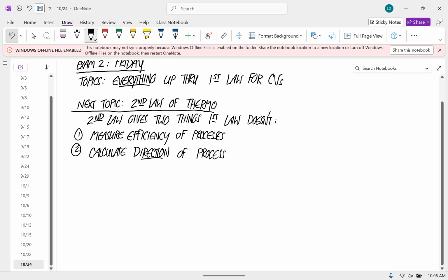There are three equivalent statements of the second law, and I'm going to list them from the most obvious to the least obvious, but the most useful in calculations.